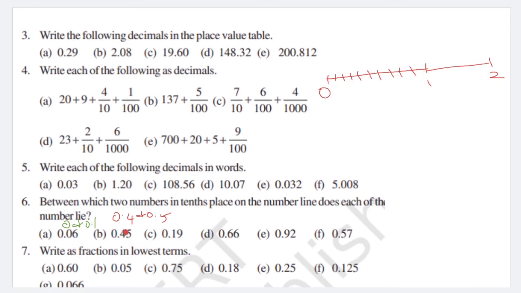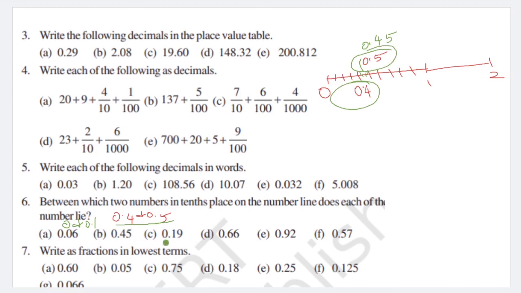They are asking 0.45. See, this will be 0.1, 2, 3. This is 0.4 and this is 0.5. Between these two only, this number 0.45 is lying. Between these two numbers there will again be 10 divisions, and here between them 0.45 is lying. So 0.45 will be lying between 0.4 and 0.5. That is the answer.